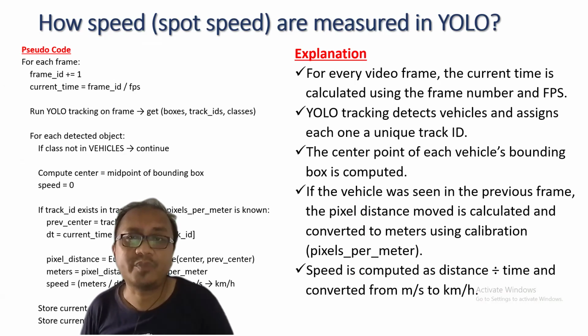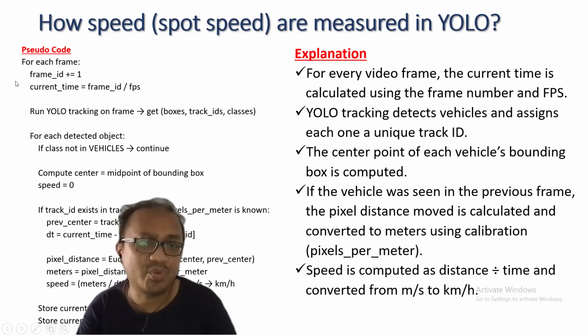I have an option to measure the calibration, that is pixels per meter, so we can calculate the distance traveled. So we know the distance traveled and the time elapsed. Distance by time is the speed. Actually, it gives the spot speed, and the detailed pseudocode is written on the left side of my presentation slide. You can see that.